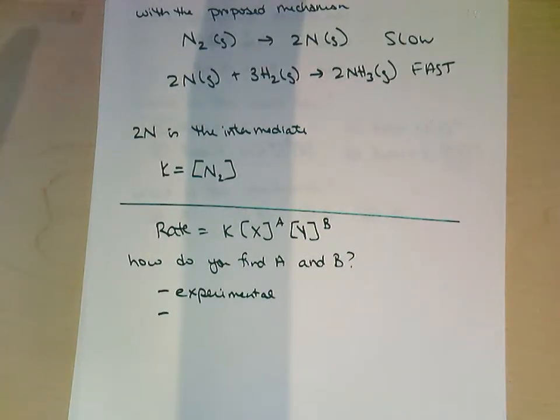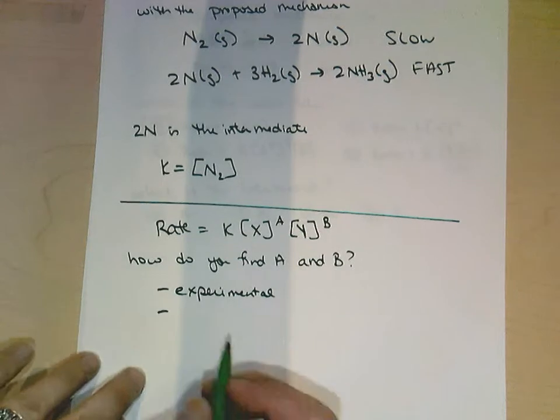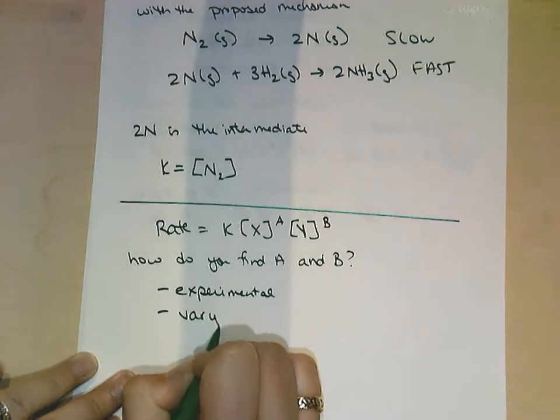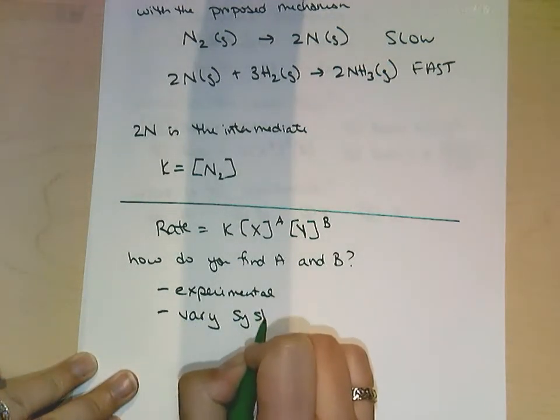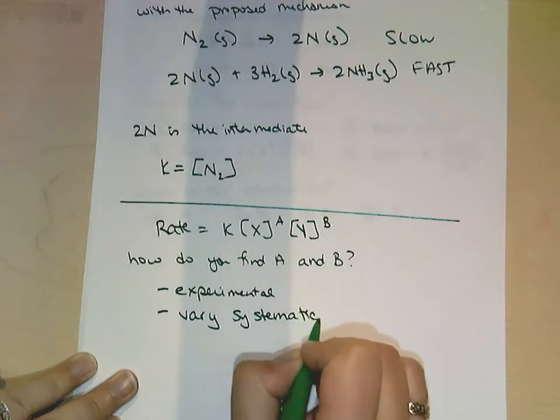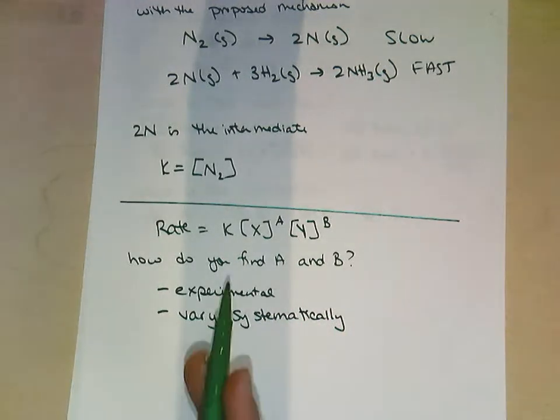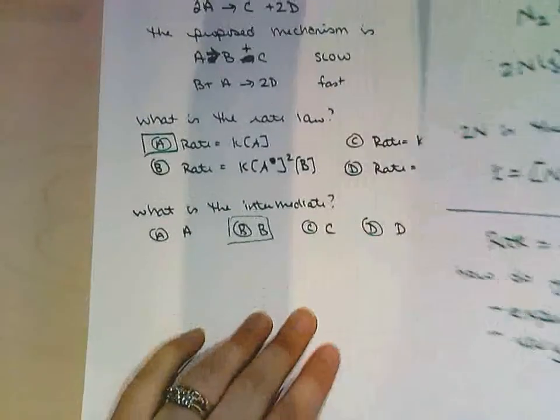Do I change them both at once, change one then the other? Right, we have to vary systematically. All right, because you hold one constant, you change the other, then you go back and forth. So for example, let's say, it'll take me a second to write out this data table.